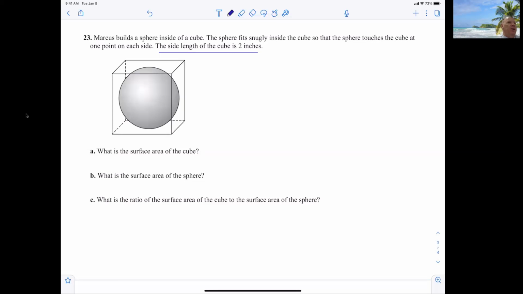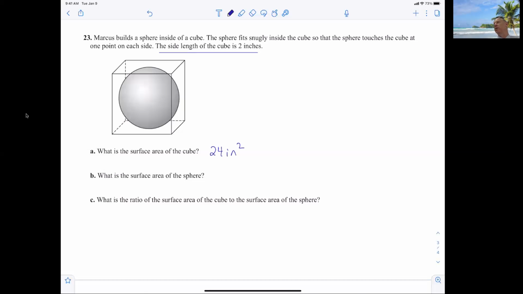What is the surface area of the cube? I'm asking, what is the surface area of the cube? 24 square inches. I'm liking that.